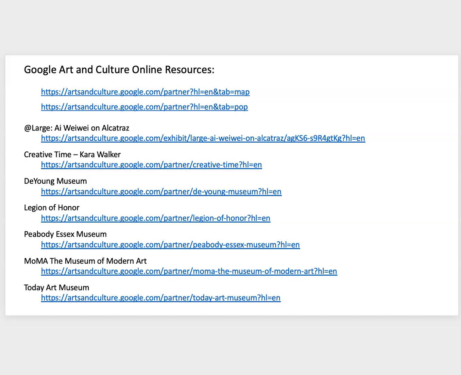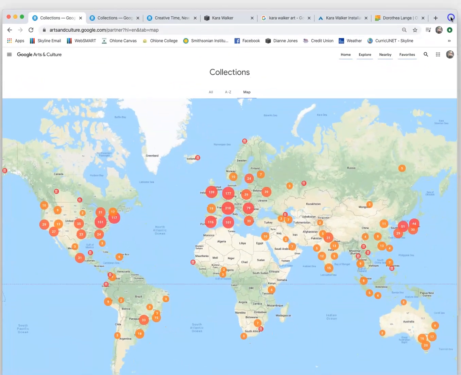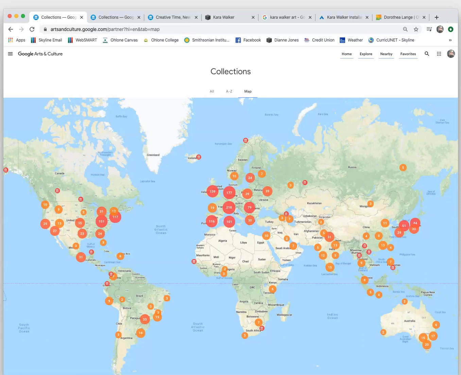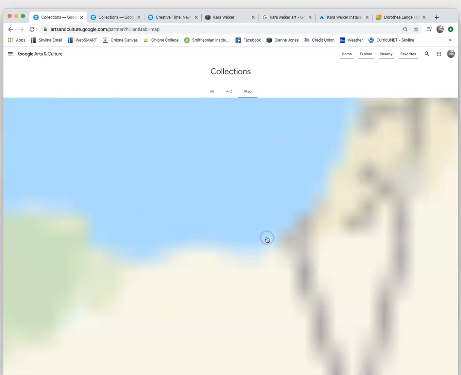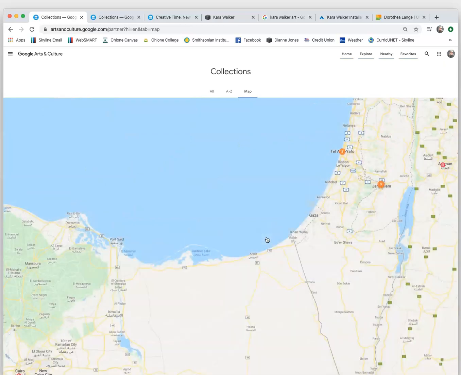Let me grab that and bring it over here. If you go to the links that I've included, you can go anywhere in the world for these different online resources. Let's say you want to go to somewhere in Israel, I think that's where we are.